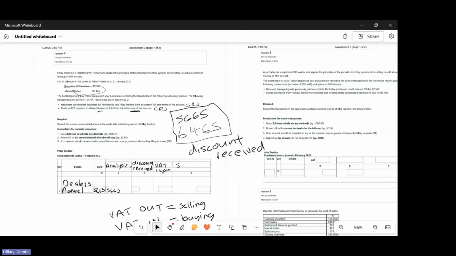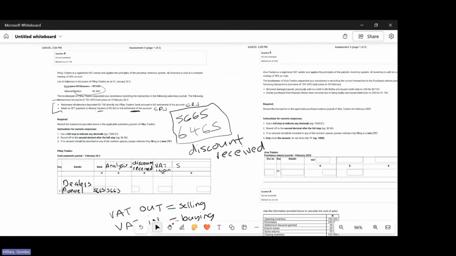Because they can ask you to draft a cash receipts journal. So from these 2 transactions that they gave you, you need to be able to see which account is which, which one is a cash payment, which one is a cash receipt, which one are we receiving money and which one are we paying out. Once you have that drafted out, it becomes easy for you to know that if they give you a cash payment, it's us having to pay someone. And if it's a cash receipt, you know it's us receiving money from someone.